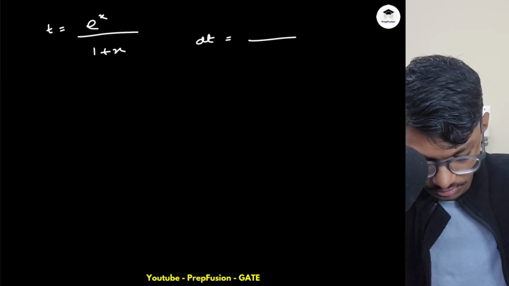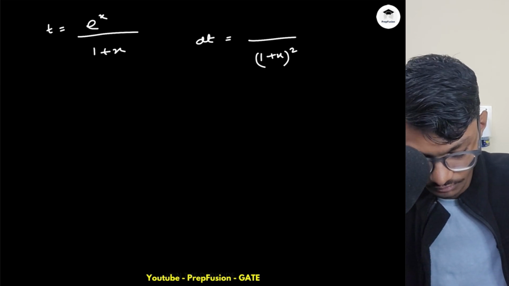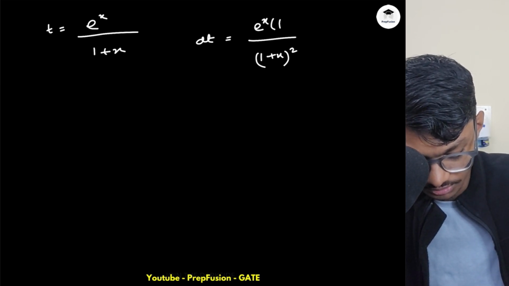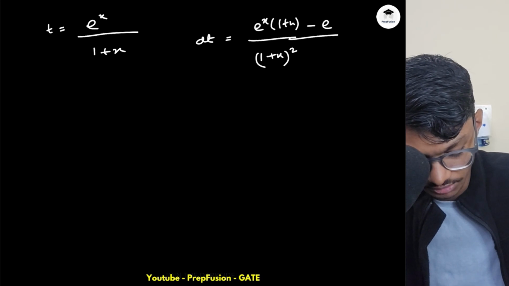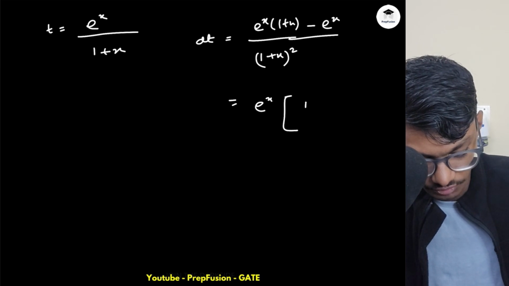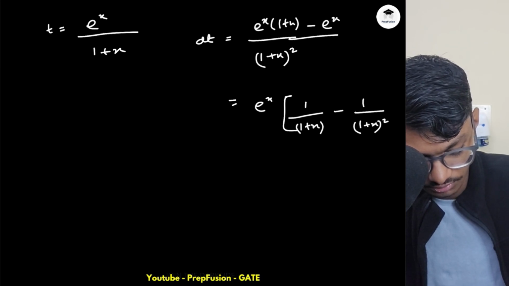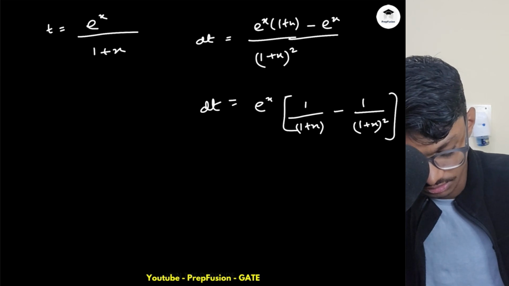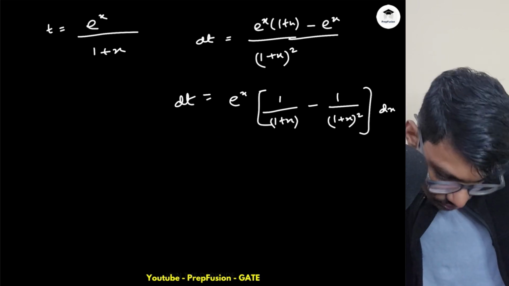Dt will be simply over 1 plus x whole square, and the differentiation of this is 1 plus x, minus simply the differentiation of this is 1 only, times e raised to power x. So again, if I take common e raised to power x, I will get 1 by 1 plus x minus 1 by 1 plus x whole square, and this is dt, and this is dx.